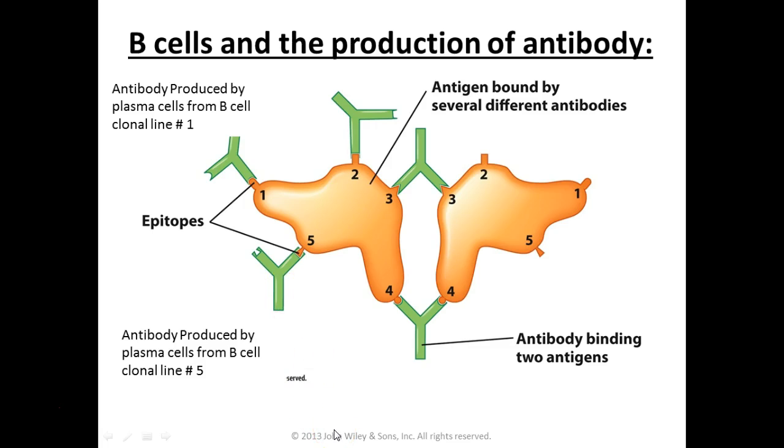So we have 5 different subsets of B cells out there, whether naive ones or memory cells, that were activated, proliferated, and turned into plasma cells and memory cells. The plasma cells started secreting their antibodies, right? So from that group 1, we get antibody number 1. From a different B cell, completely different, you get 2. Completely different B cell line, 3.